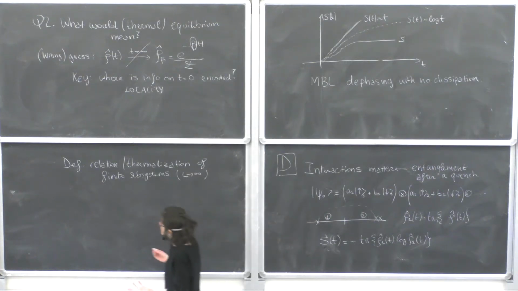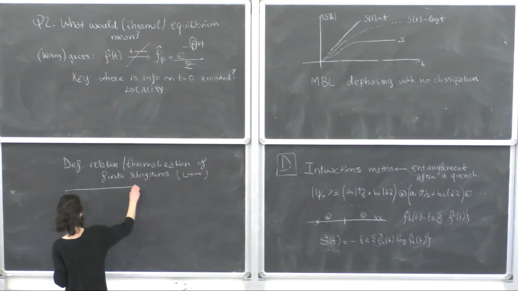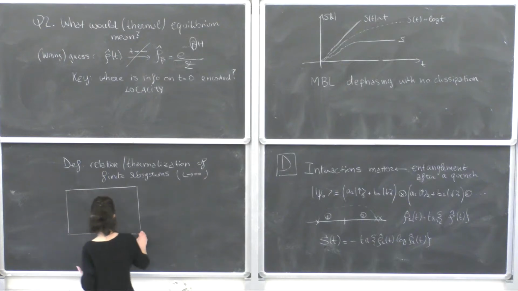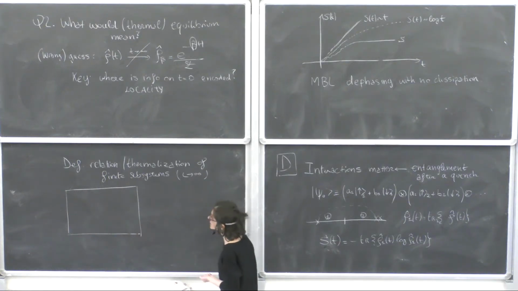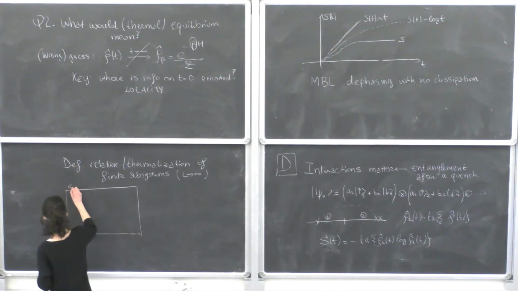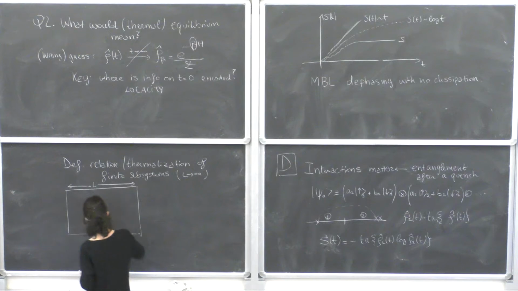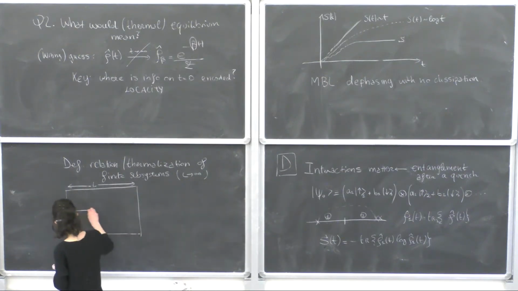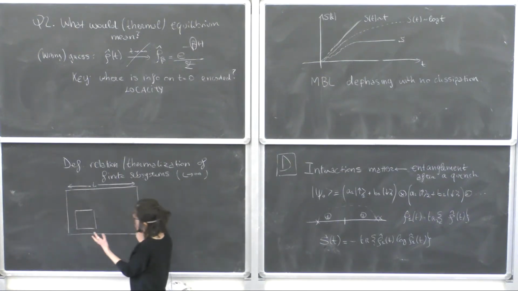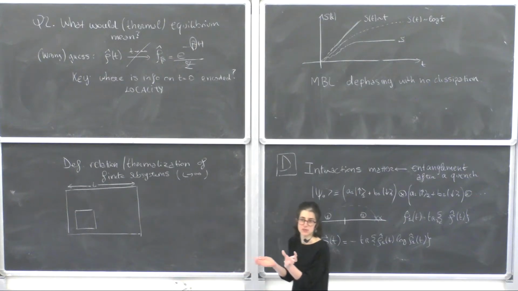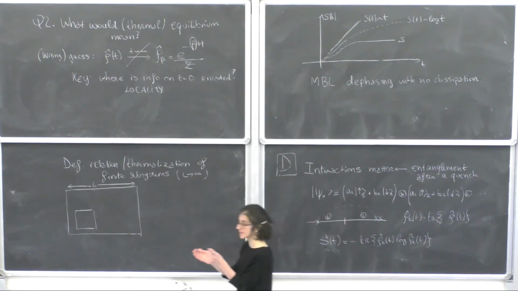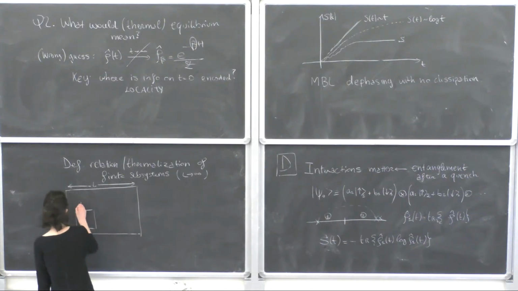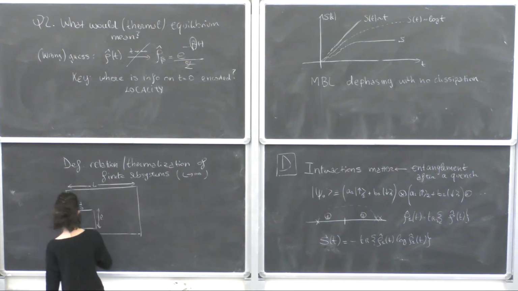So what I have in mind is that I have my whole system, which is closed, isolated from everything else. This has a typical size, which I call L. And then I look at some finite subsystem. If you have a lattice, this means that I want to look at a finite bunch of sites and only at the degrees of freedom in this subsystem, with a typical length which I call little l.